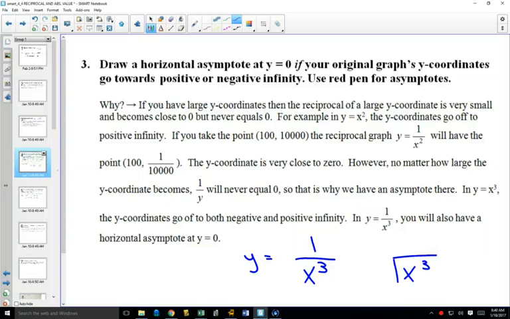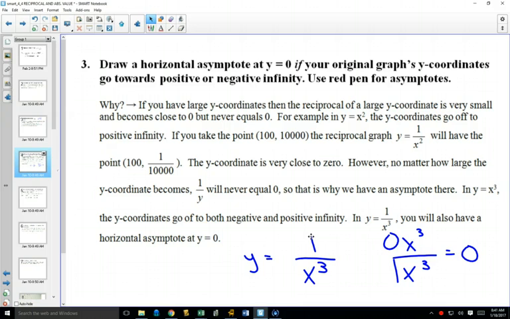How many x cubes do we have on the top? We have none. If we simplify this, this goes to 0. And that was our technique to find horizontal asymptotes in chapter 2. So you could use that as well. But what you're going to find is all of the 1 over f of x graphs, if they have an asymptote, then it's going to be at 0.